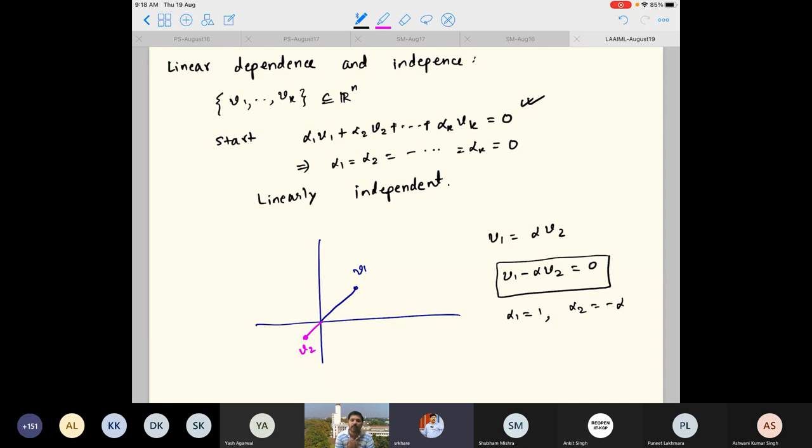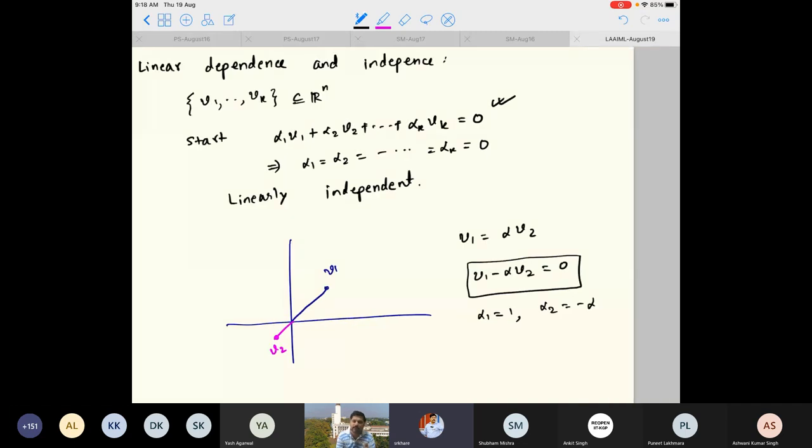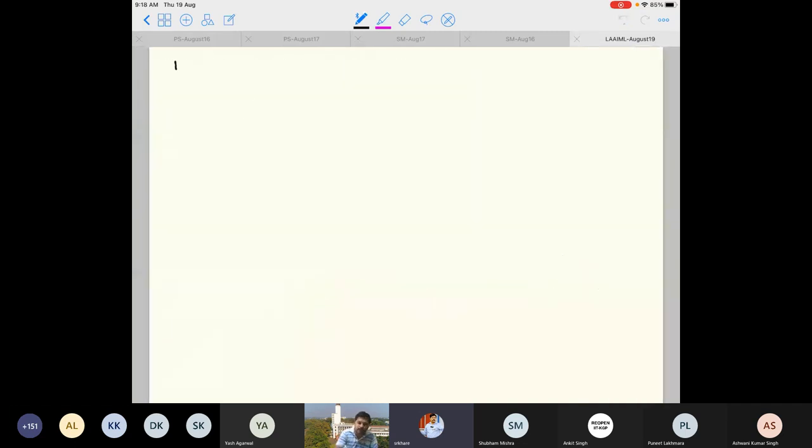So this is about linear dependence and linear independence. Once you have all these concepts together, the last thing I think that you would have seen is linear functions. So what are linear functions? Linear functions are basically functions T from Rn to Rm, such that every vector v goes to Tv.